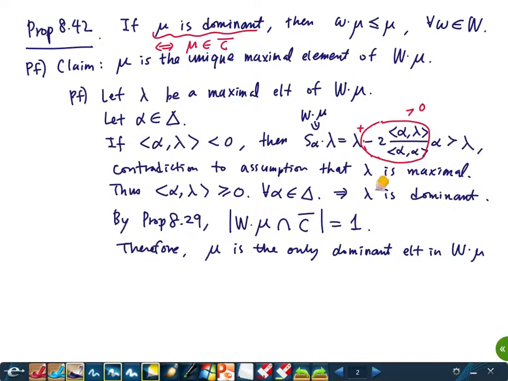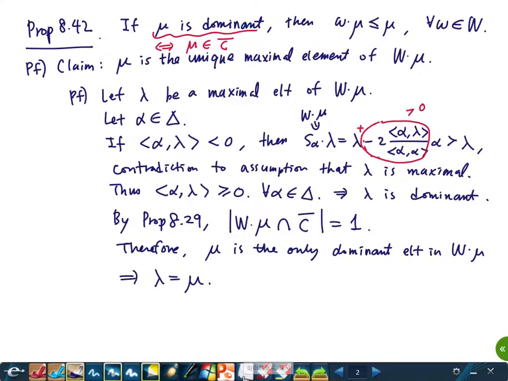We assumed that lambda is maximal, and if it's maximal, it's dominant, so lambda must be mu. That's the proof of the claim. Any maximal element must be mu, so mu is the only maximal element. In particular, there's a unique maximal element. So that's the proof of the claim, but we still have to prove this proposition.